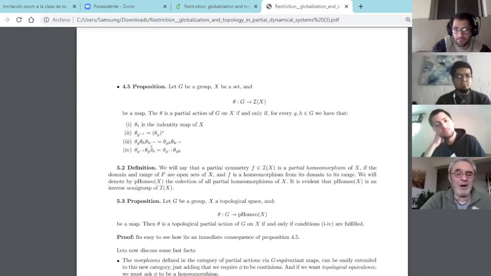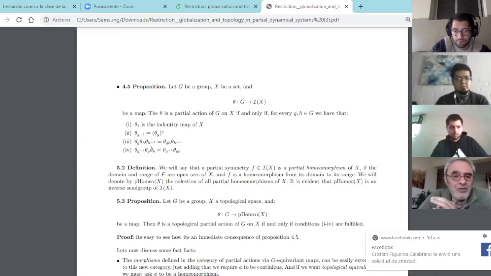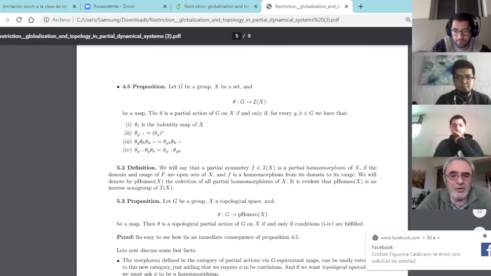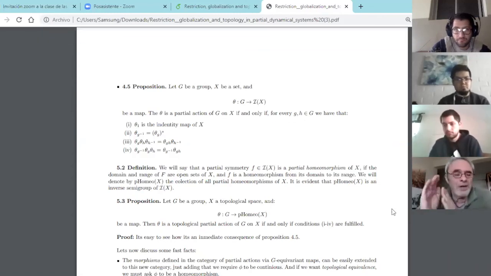So this is connected to the difference between inverse semigroup actions, in which you always have equalities and not extensions, as in our case. In our case, you arrive into the inverse semigroup of partial symmetries of the set X, and here you need to have equalities.